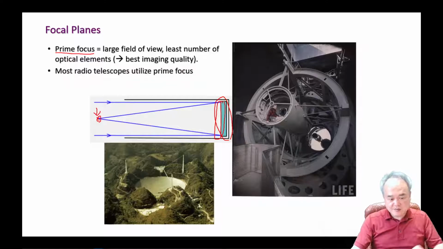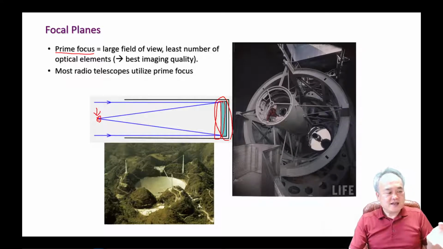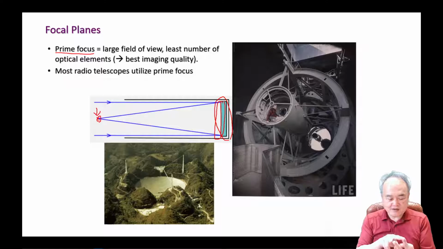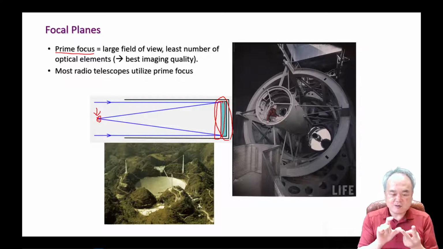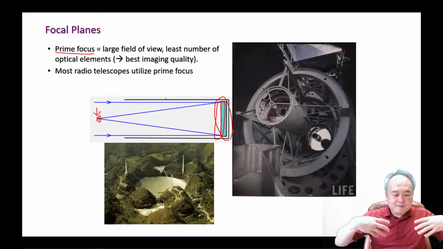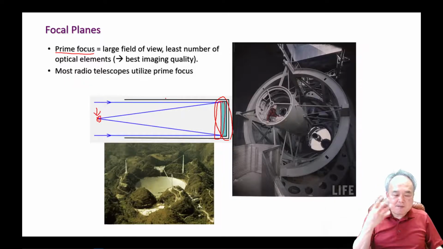So the prime focus provides two really good advantages: the largest field of view, and the least number of optical surfaces involved, providing the chance of the best image quality. So the prime focus has been used as the main imaging mode.